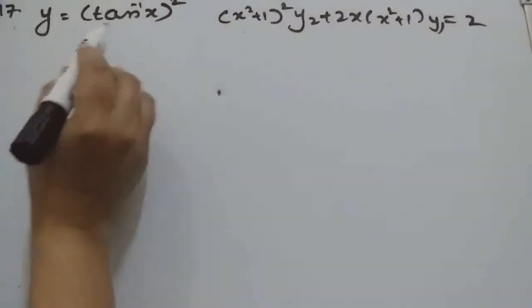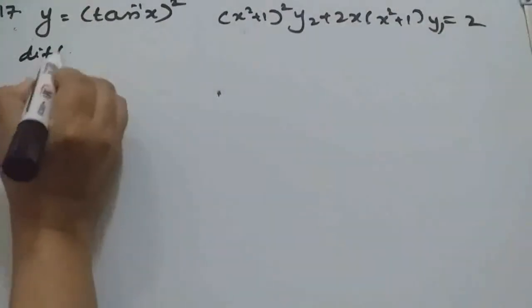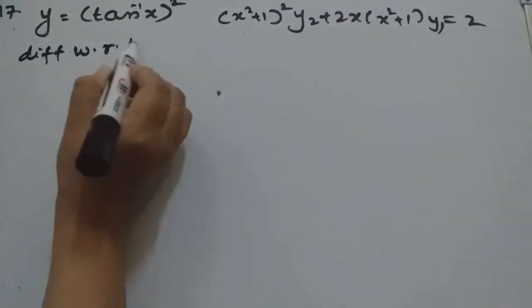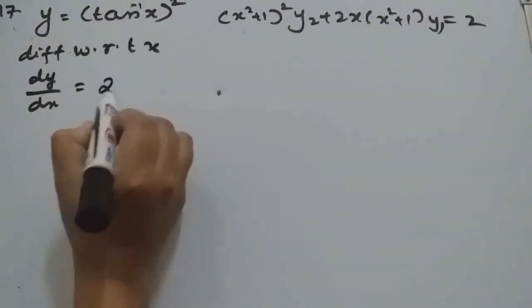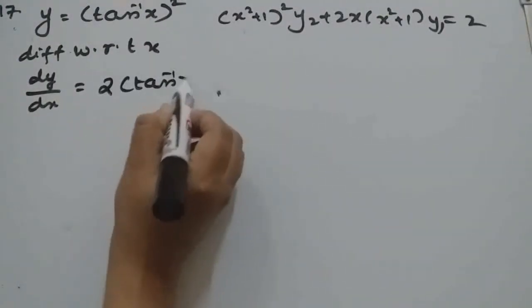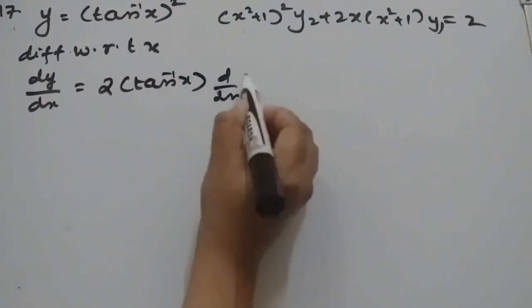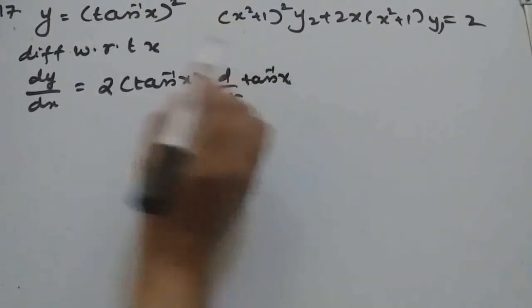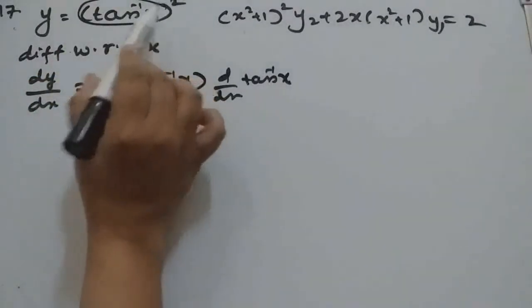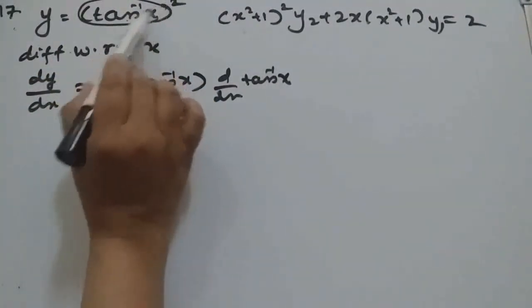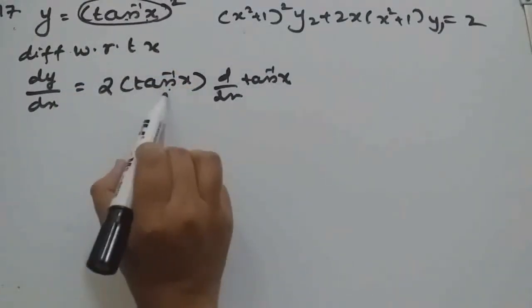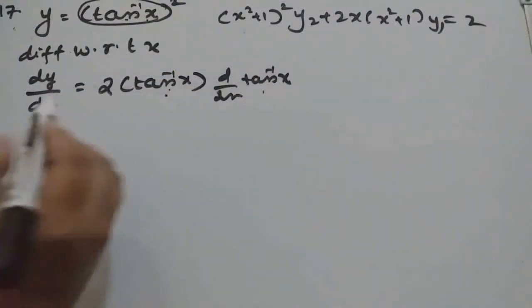Y equal to tan inverse x whole square. So differentiate with respect to x. First we will apply the power rule. Square of tan inverse x means 2 into tan inverse x, and then the derivative of tan inverse x.